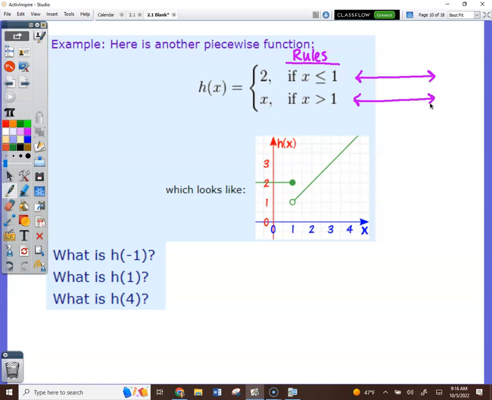Any number listed in the rules is called a critical point, because there is something happening here, which is why it's called critical. You pay attention at this number because something's happening. So notice they have the same critical point, right? So I'm going to make my number line up. This one's 1, this one's 1.